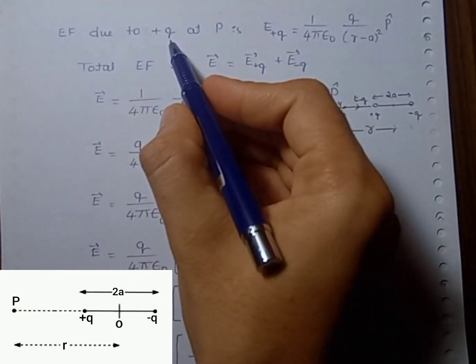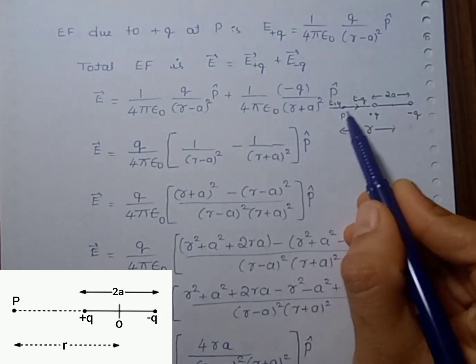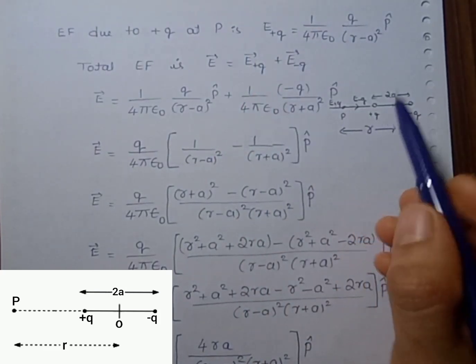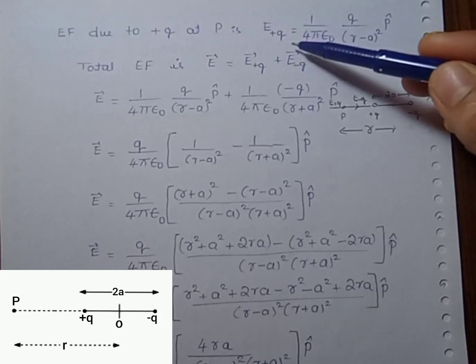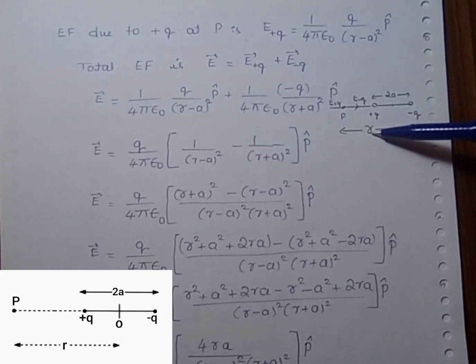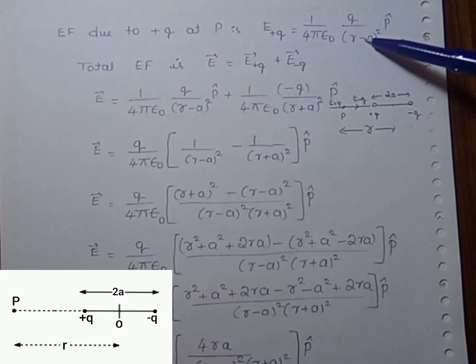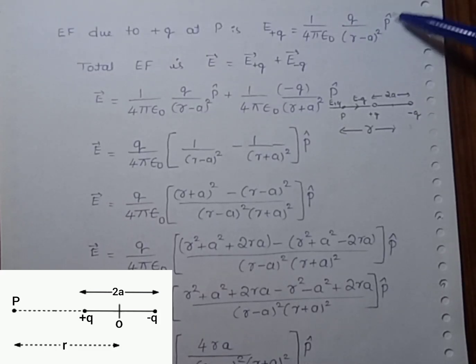Electric field at P by the charge plus q can be taken as E plus q is equals to 1 by 4 pi epsilon naught q divided by the distance, which is the total distance r minus half distance a, so r minus a whole square p cap.